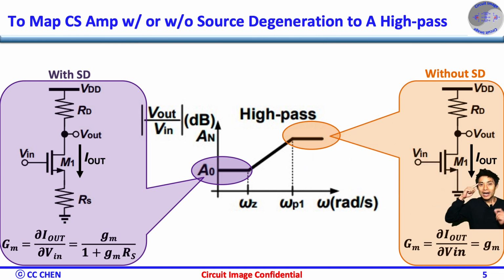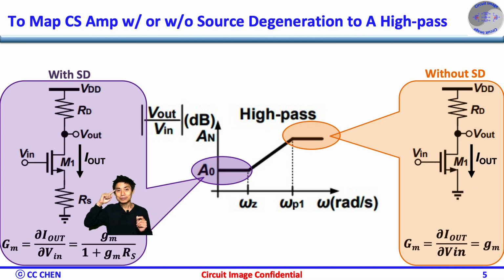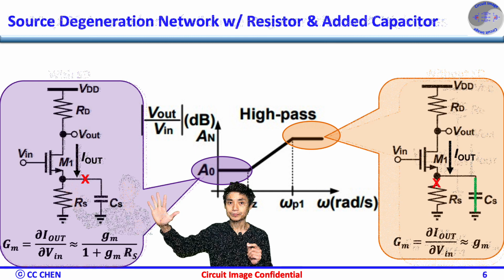Think about which passive component can not only short the source of M1 to ground at a high frequency, but also leave the source of M1 connected to RS at a low frequency, for 5 seconds.